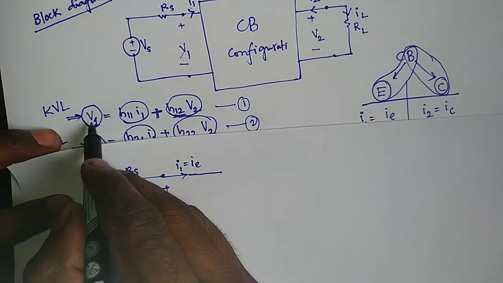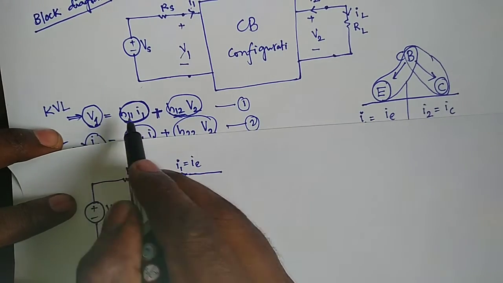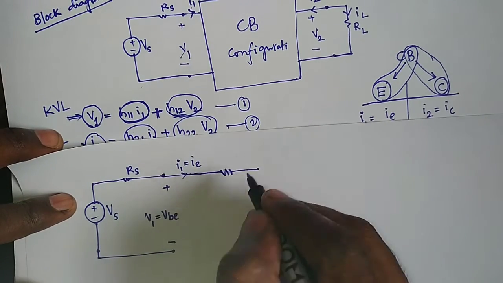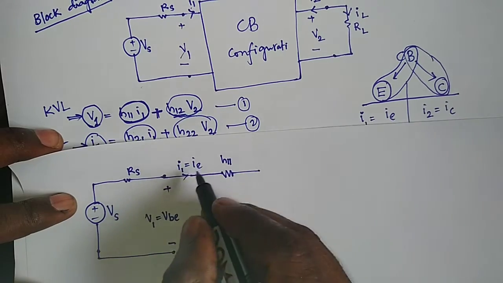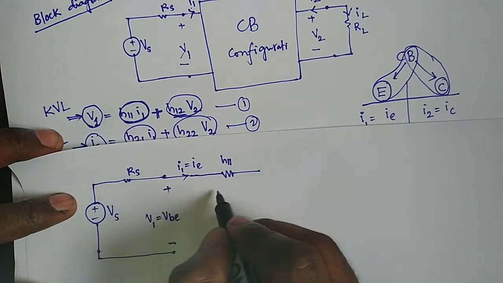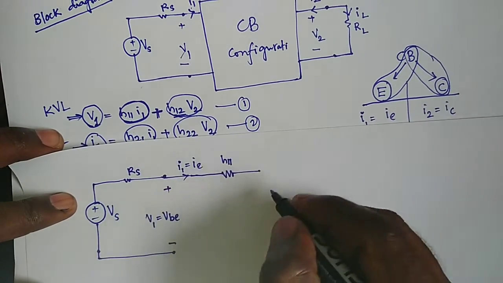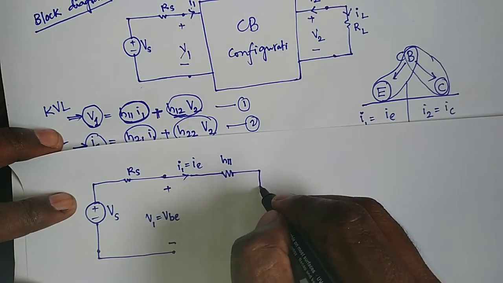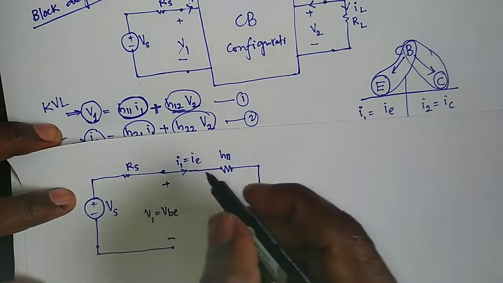Where V1 is equal to, first, the voltage H11 I1, where that current is I1. So that is the function. Next, plus another voltage, H12 V2.